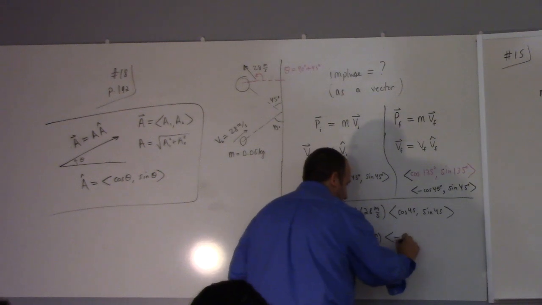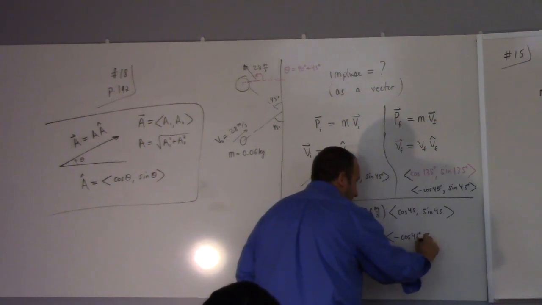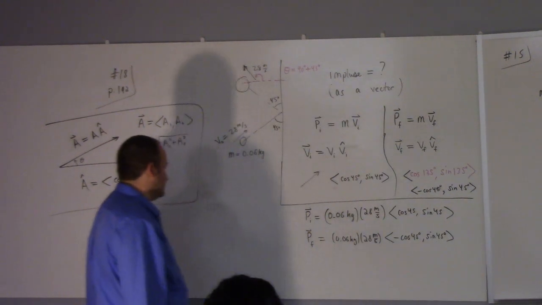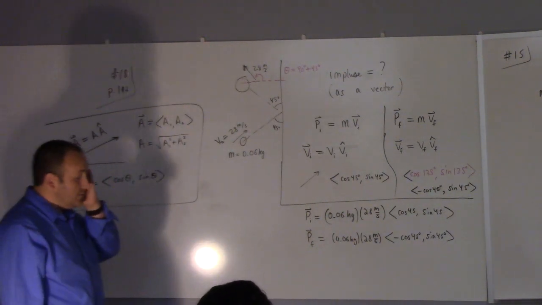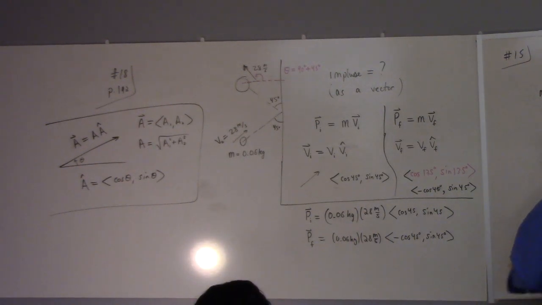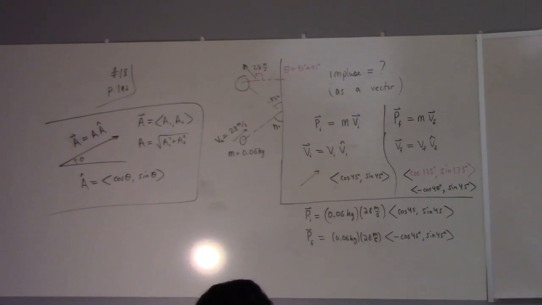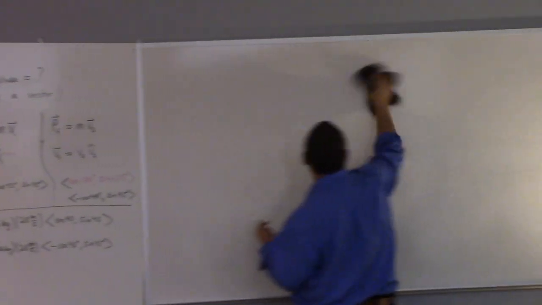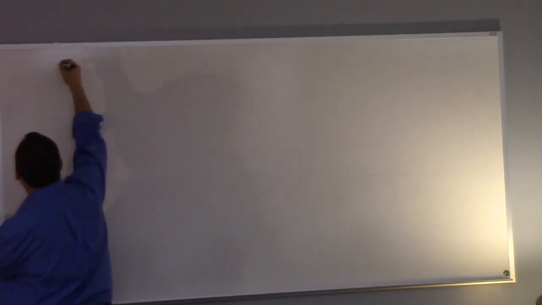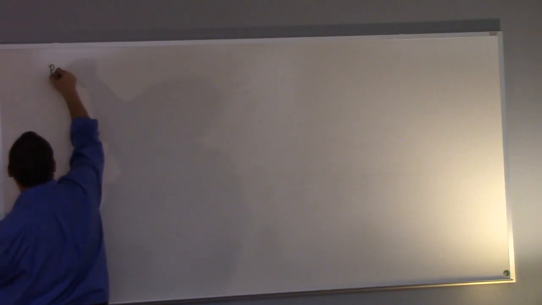But this time, minus cosine 45, sine 45. So, let's see here. Maybe you guys can actually tell me the specific numerical values. What's PF equal to?